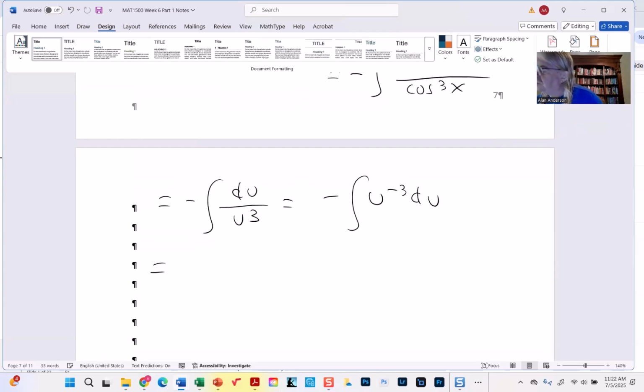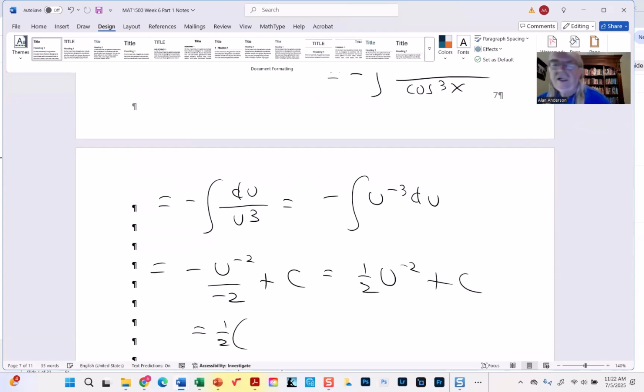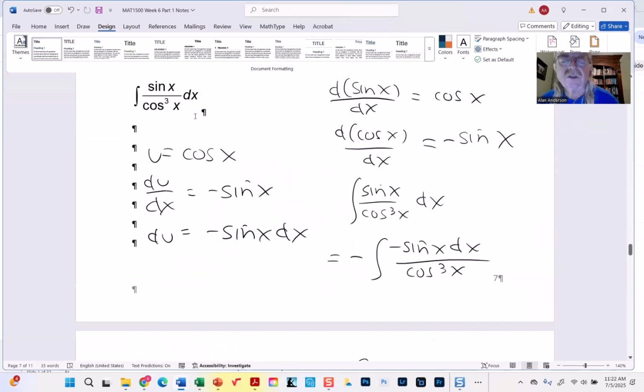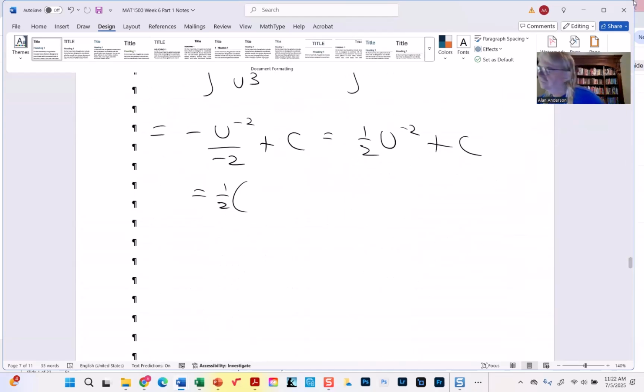So of course we'll apply the power rule. These negatives cancel each other out. And of course, u was the cosine of x. Oh, actually, no, sorry.